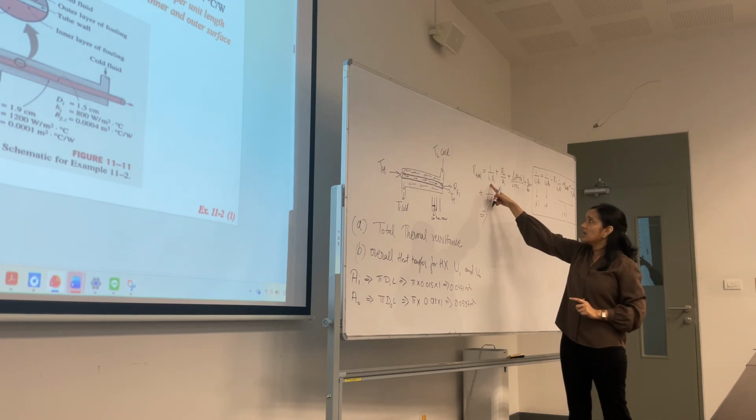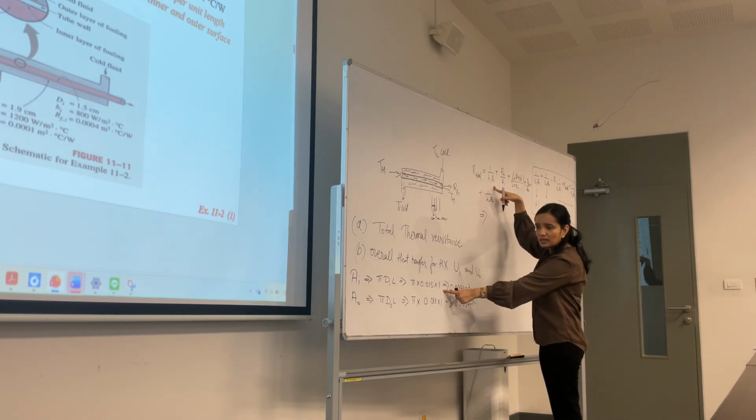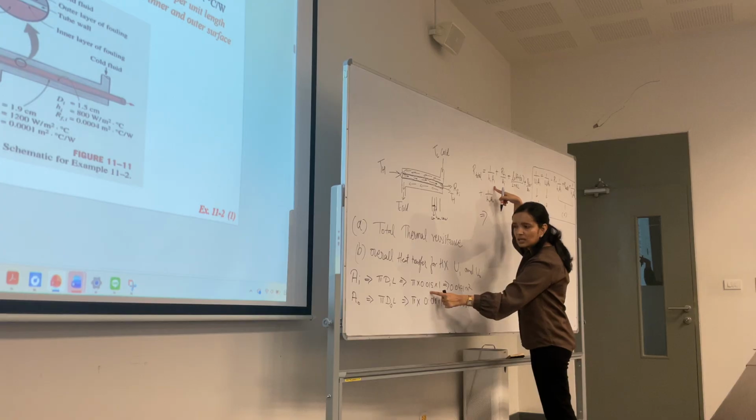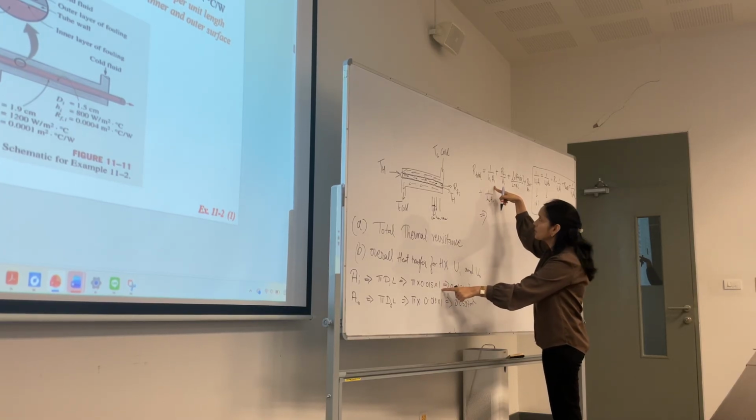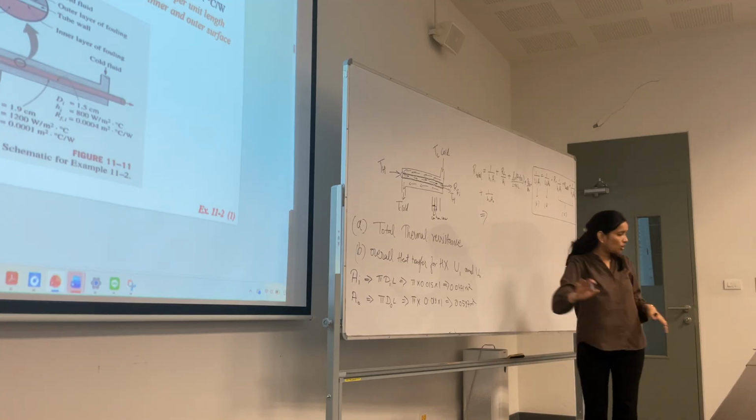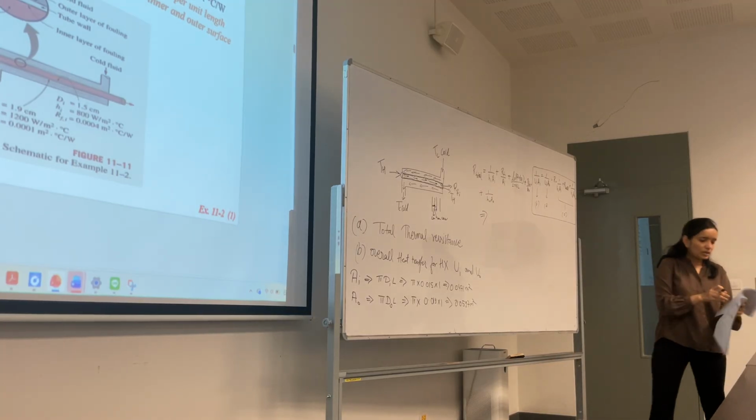You have calculated AI, you have calculated your pi. This is given. This is given. If this is not given, you assume 1 meter. So you input all of this, and you get the result.